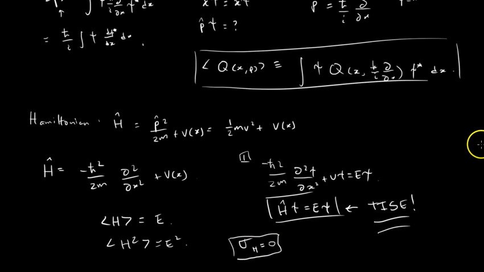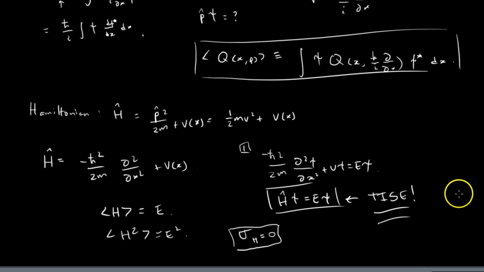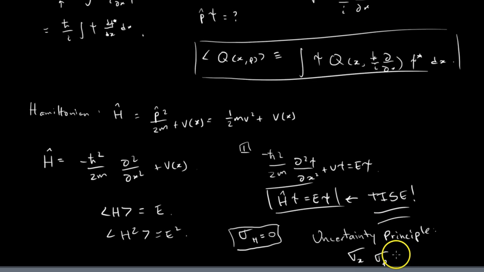Because, remember, well, I will show this to you next lecture, but you will know that there's this thing called the uncertainty principle. Now, the uncertainty principle states that if you take the deviation of the x component and you take the deviation of the momentum, the product has to be greater than or equal to h bar over 2.